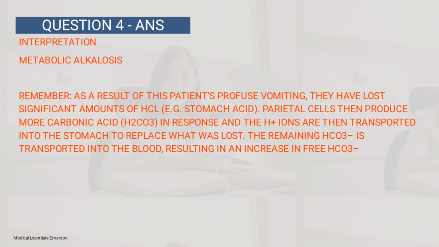Then the parietal cells are going to produce more carbonic acid in response, and the hydrogen ions are then transported into the stomach to replace what was lost. Then the remaining bicarbonate is transported into the blood, resulting in an increase in free bicarbonate levels. So that's what you need to know here. Okay, so hope we are together.